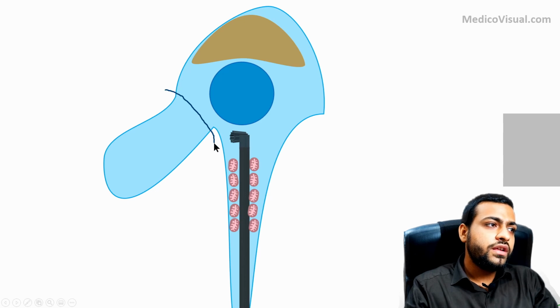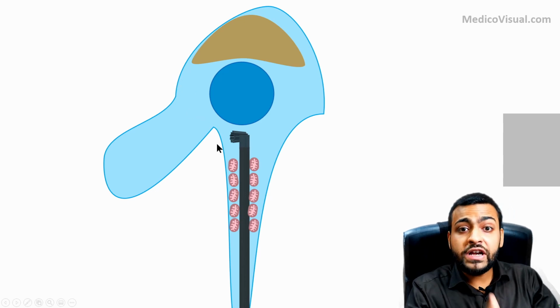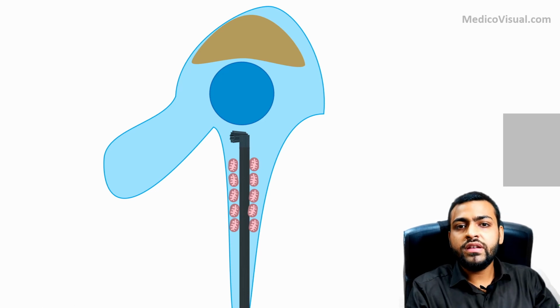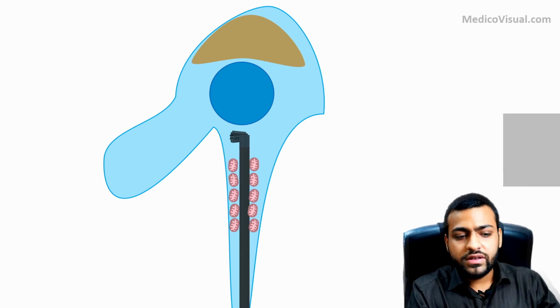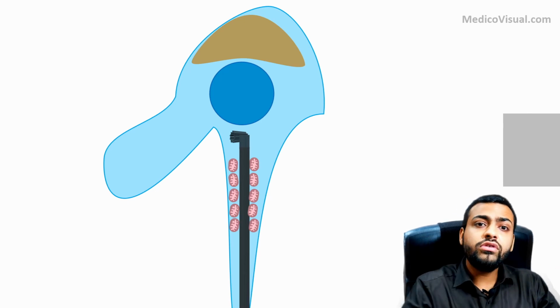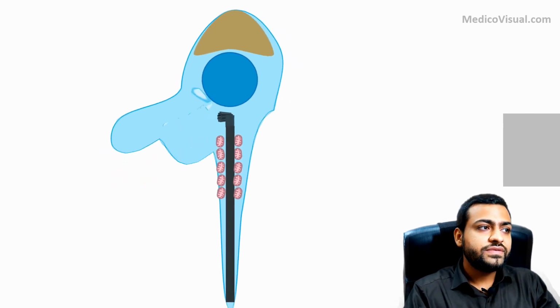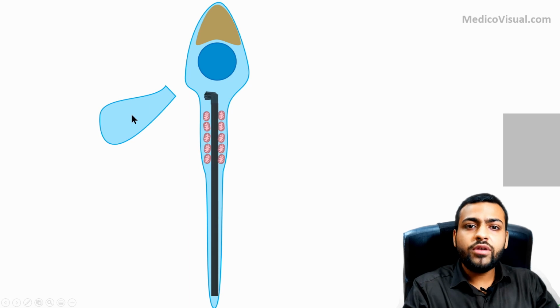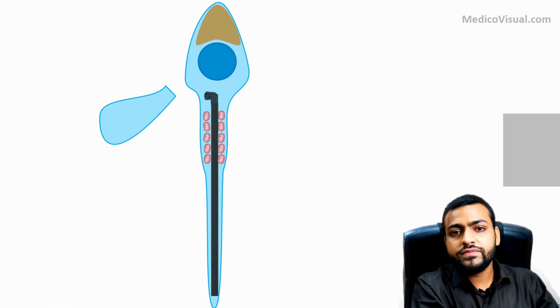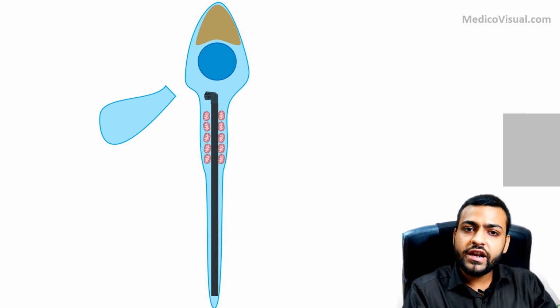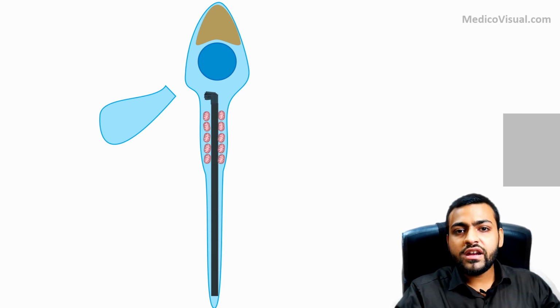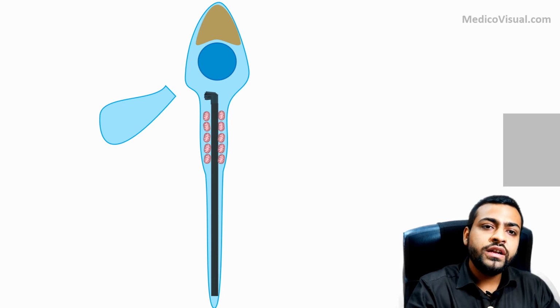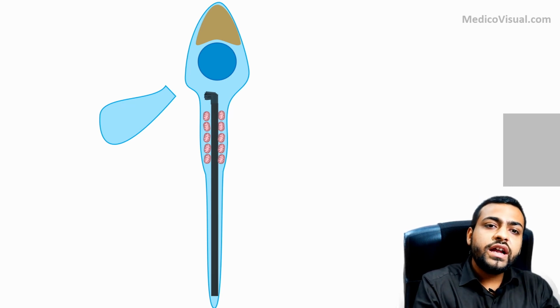Meanwhile, you can see that there is lots of excess cytoplasm in the sperm that it does not need, right? Mature sperm contain very little cytoplasm to make it lighter and easier to move through the female genital tract. And finally, this excess cytoplasm along with some organelles separates out. What happens to the Golgi apparatus and endoplasmic reticulum? It is either completely used up to form the acrosome and other proteins, or somewhat is left behind.